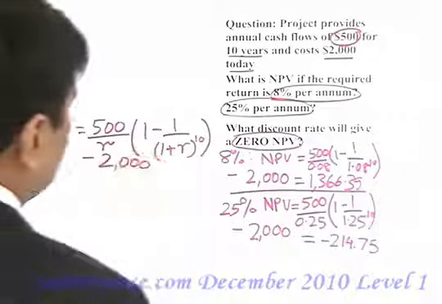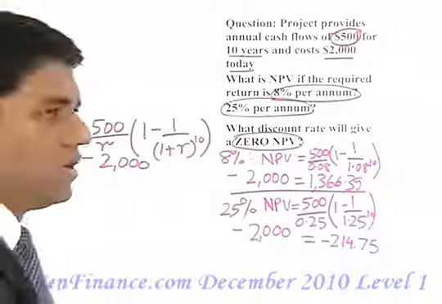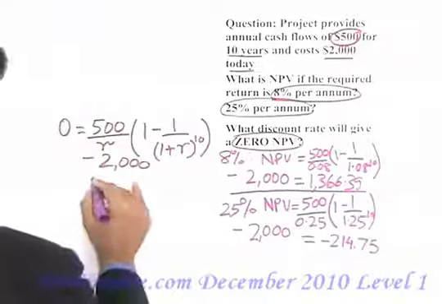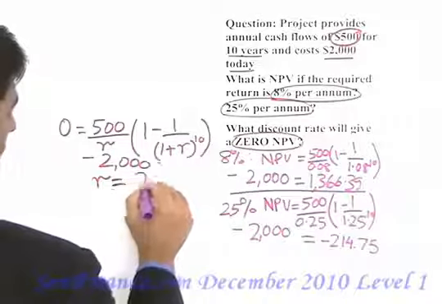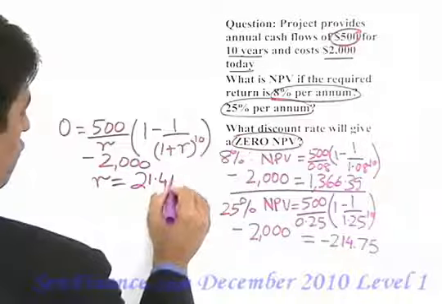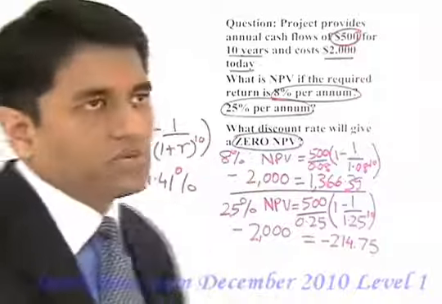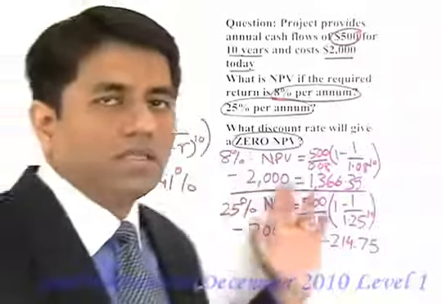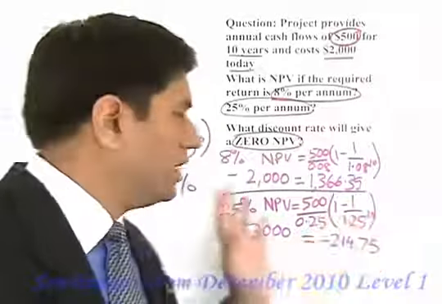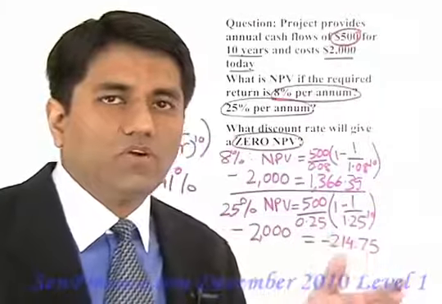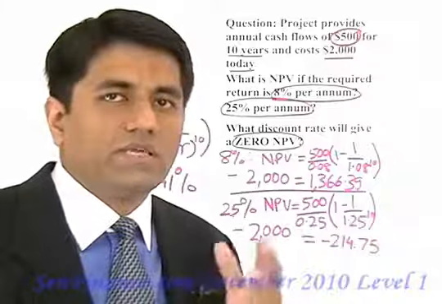So you can solve this by iteration or by using your financial calculator. The answer turns out to be that R has to be 21.41%. If the discount rate is 21.41%, the firm would be indifferent to doing this project, as it would neither produce value nor result in a loss of value.